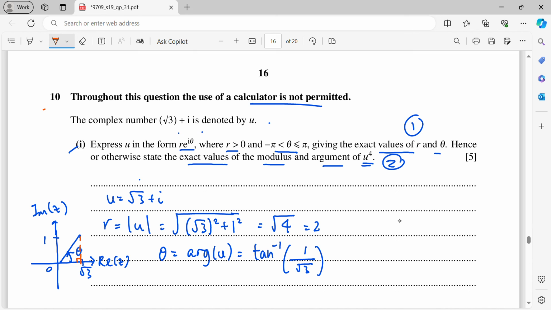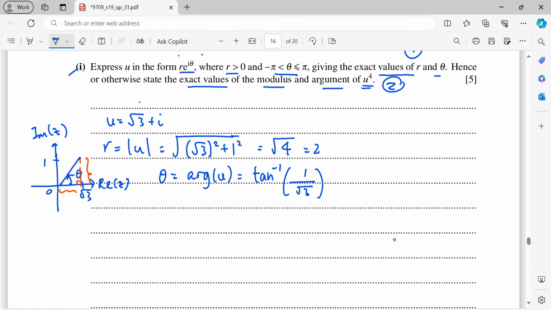To get the θ, it will be 1 over square root 3. Then from here, I will be getting my exact value. Inverse tangent of 1 over square root 3 is basically pi over 6.